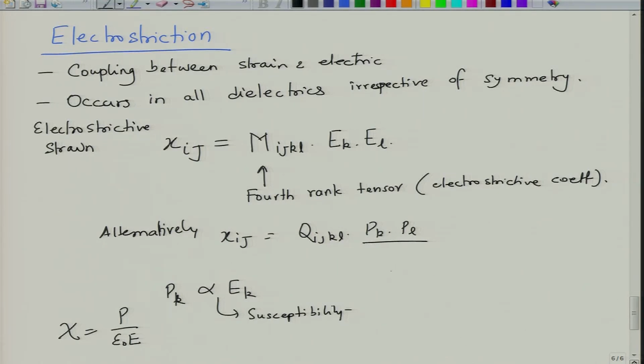So, you can write that M can be related to Q as Mmn is equal to chi Km into chi Ln into Qijkl. So, this will be the electrostrictive effect.